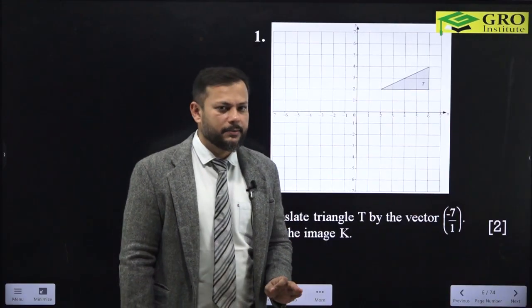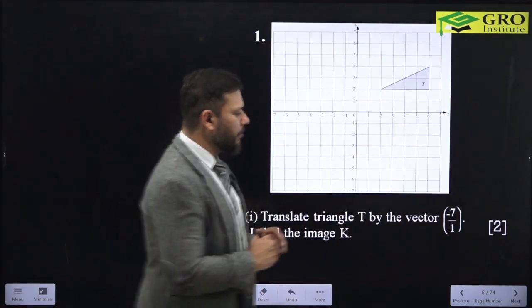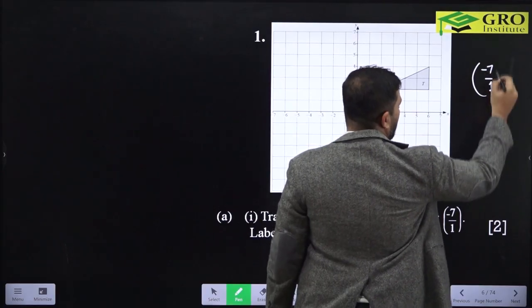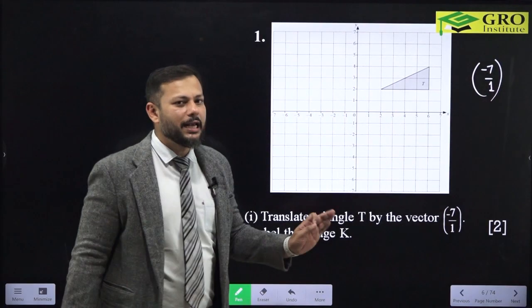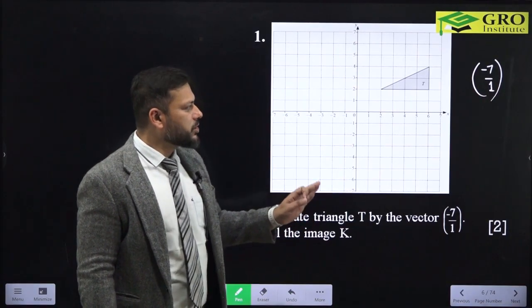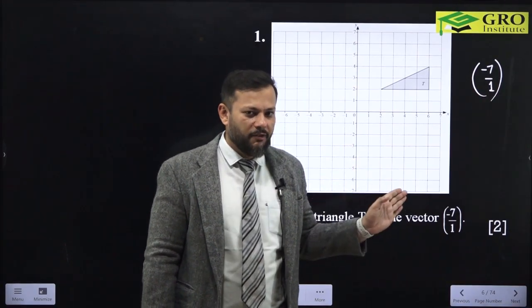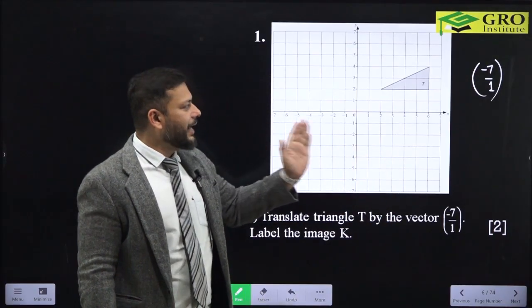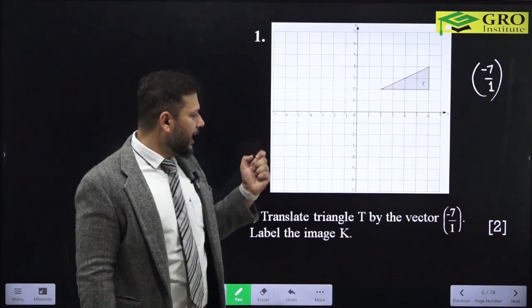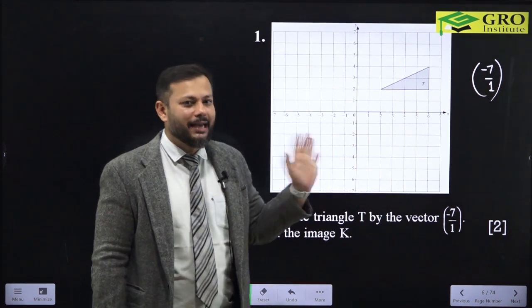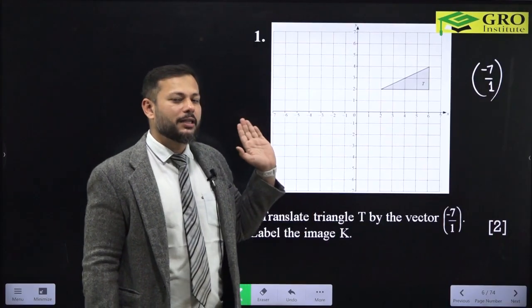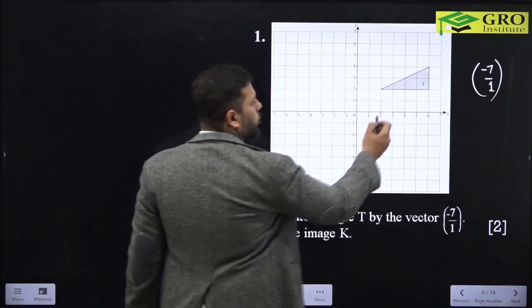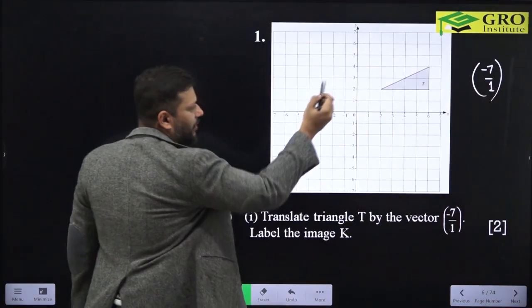Very interesting thing, guys. I am being given the column vector -7 by 1. It is very clear that the number in the numerator of the column vector represents the translation of the figure in the left or right direction. The upper number shows the translation is either left or right, that means it is shifted along the x-axis, the x coordinate.